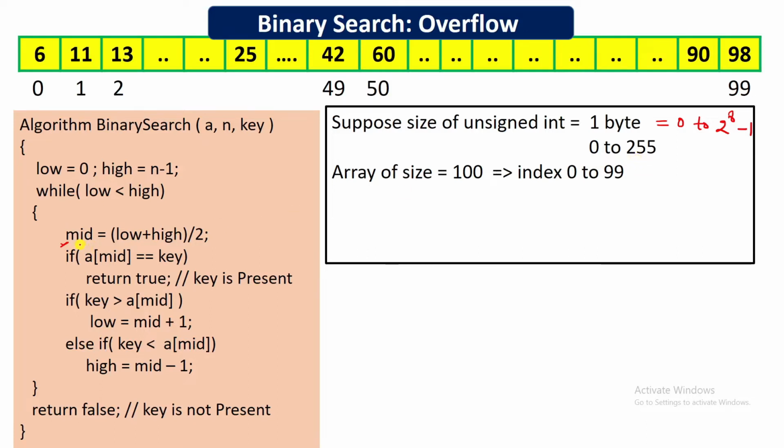If we store any value, let's say 259, inside mid, then mid will not be able to accommodate 259; it will store something else. I have explained this in my data type videos in C programming: if we store numbers larger than the range of a particular data type, what can go wrong. So let's focus here.